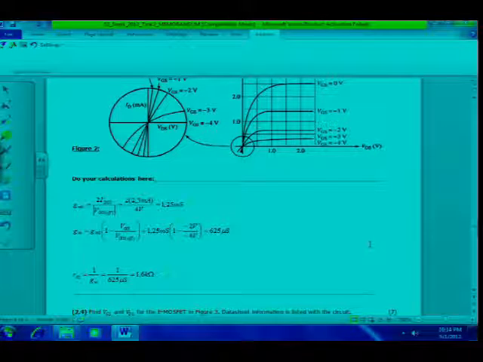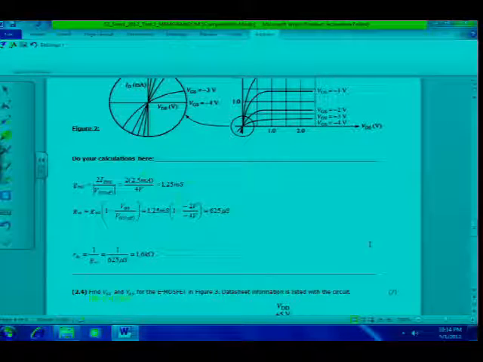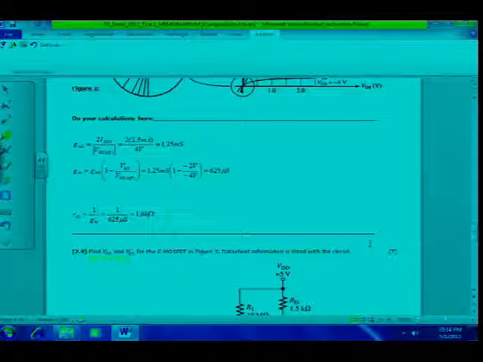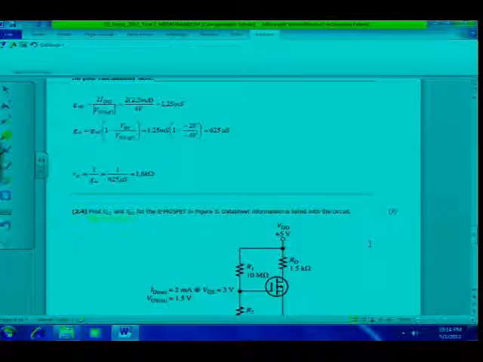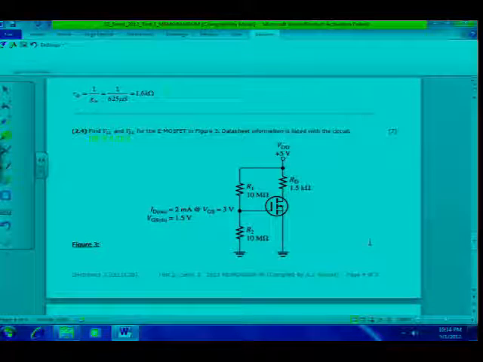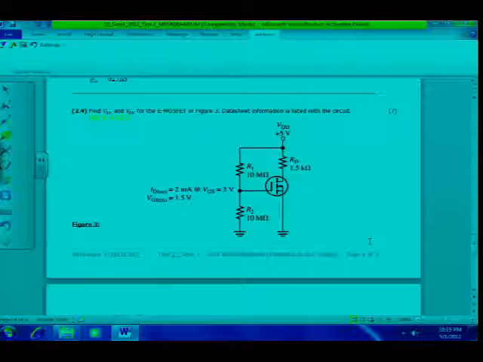Then GM was calculated to be 625 microsiemens, for another 2 marks, and then RDS is equal to 1.6 kilo ohms. If you wrote 1,600 ohms, then of course you also lost the mark. The instructions were clearly the same for the first test, and will be for the third test and for the exams as well, to express your answers in engineering notation.